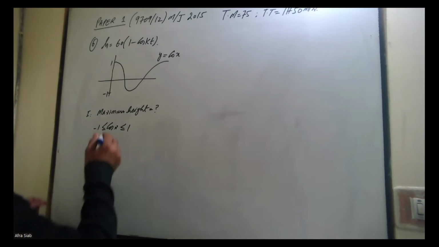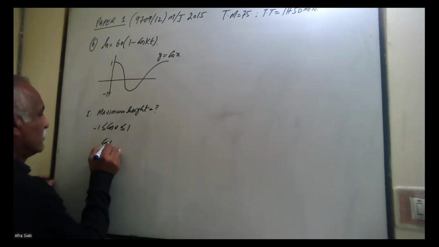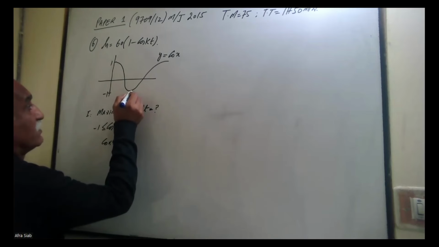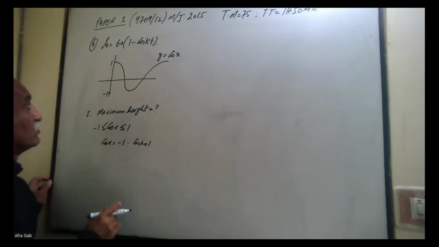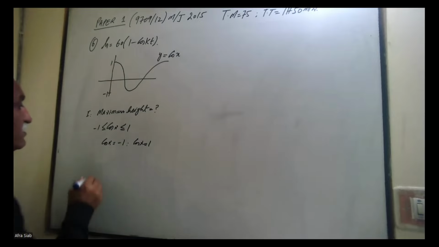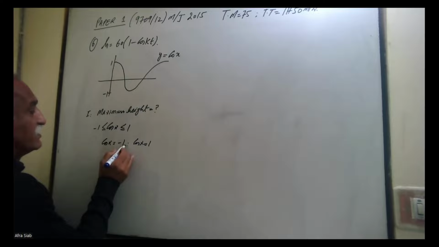But we know that the height is maximum when cos is minus 1. So we have to calculate the maximum height. We will replace cos of kt with minus 1.